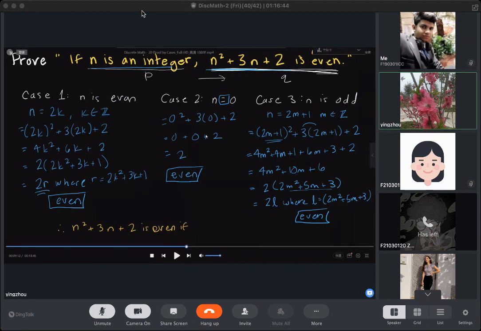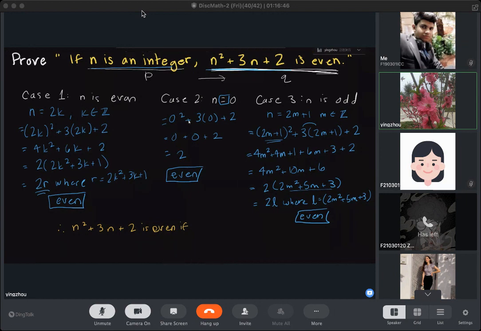But sometimes, in the previous view, they say there is a special case or special number that does not belong to even and also does not belong to odd. So it is special. But now we accept that 0 is even, so if you just use the two cases, that is also okay.